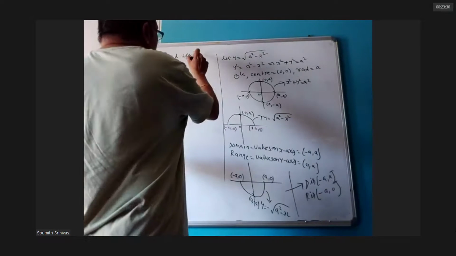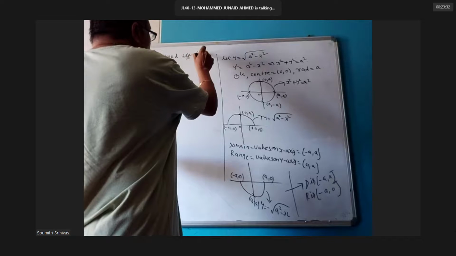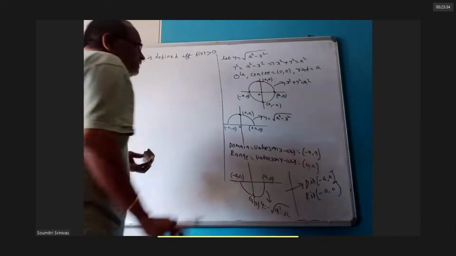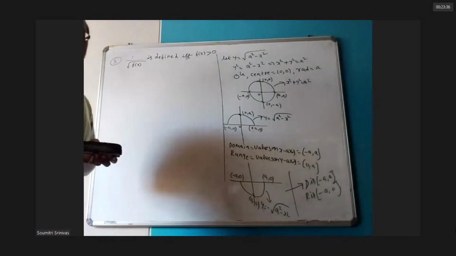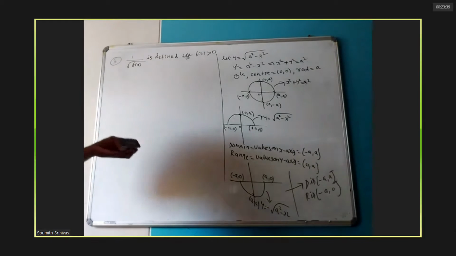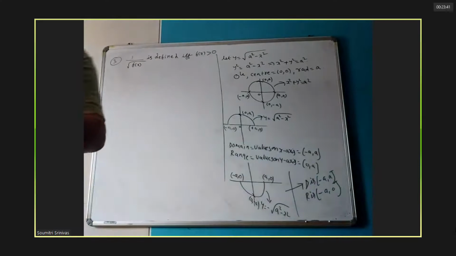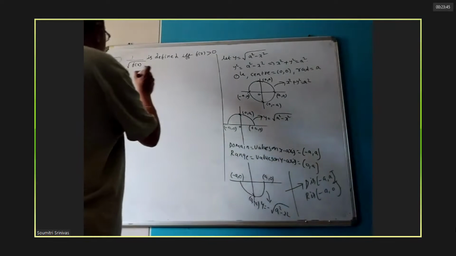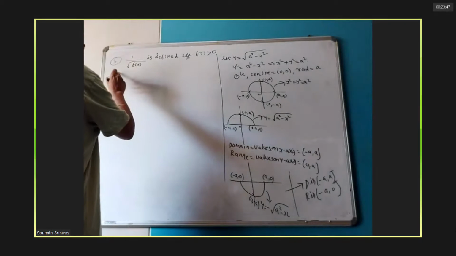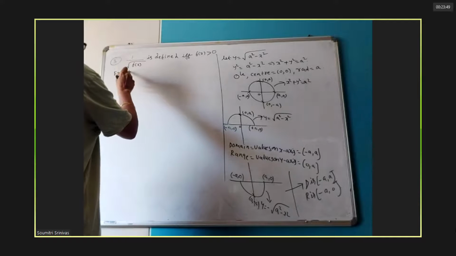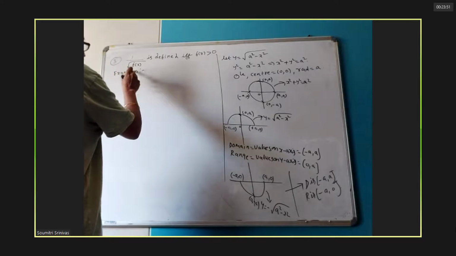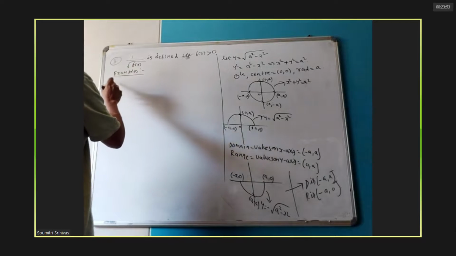So f of x is greater than 0. Write examples for this. Small examples. Bigger one, detail coming soon.